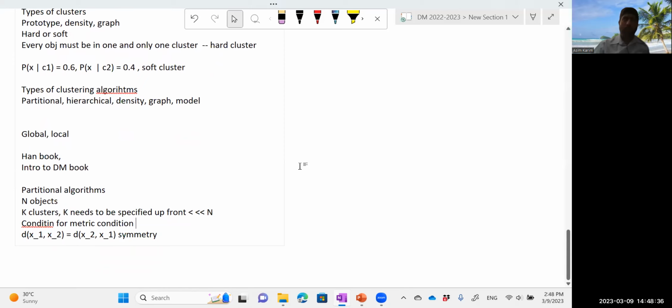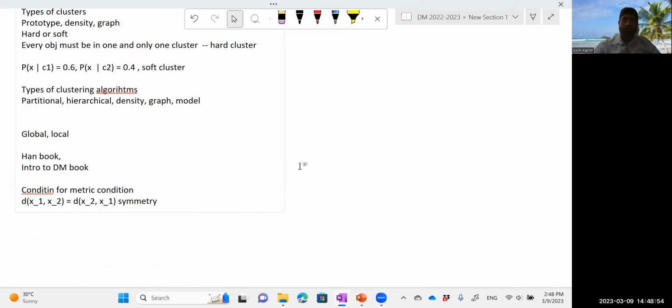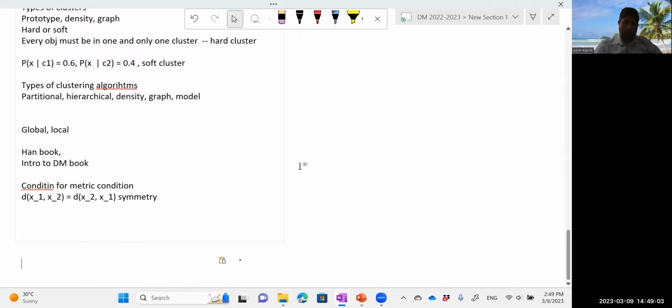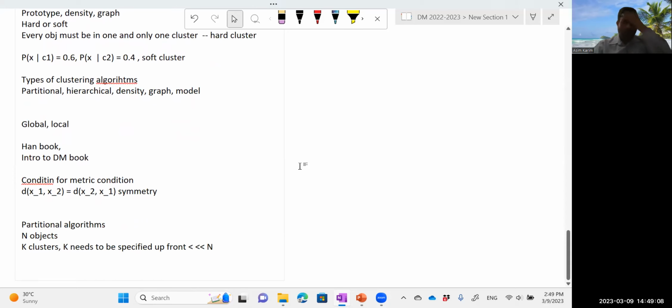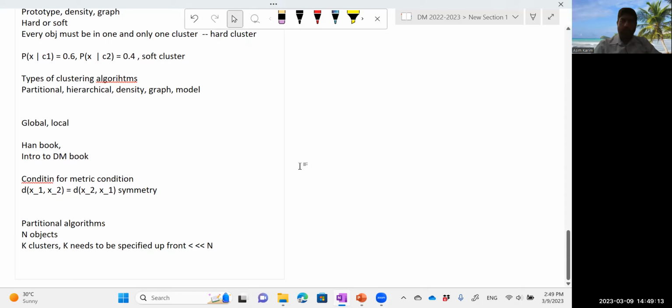Okay. So partitional algorithms basically would output clusters, would divide the data set into those k clusters, and these algorithms usually kind of minimize or optimize an objective function, implicitly or explicitly.